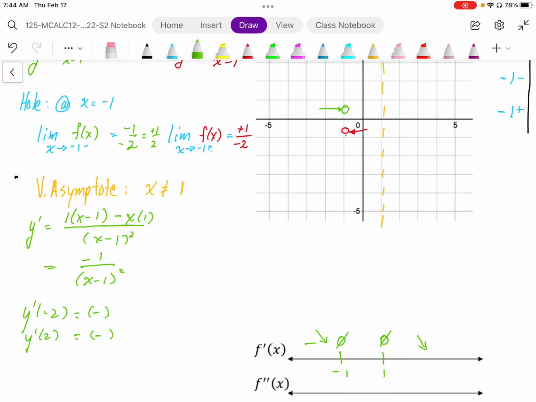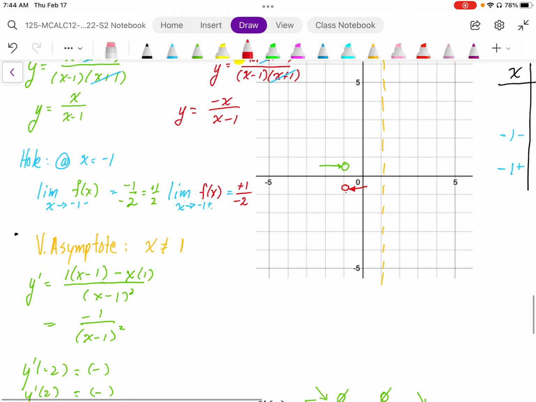I need to then work out the derivative for the negative domain. So the y prime for the negative domain is really the same thing. If I factor the negative out, I'm basically going to get -1 over x minus 1 squared. The square bracket represents the same derivative as the green, so this just becomes the same derivative, now it's positive.